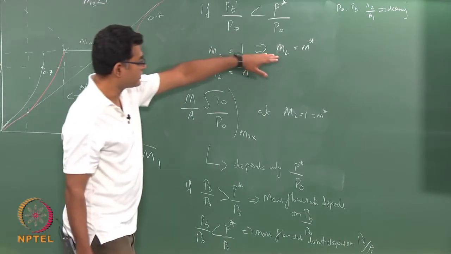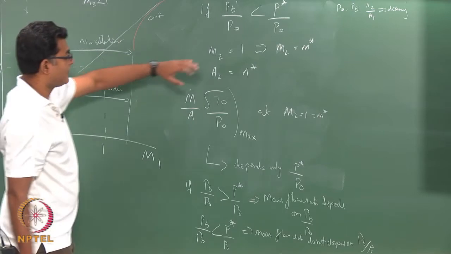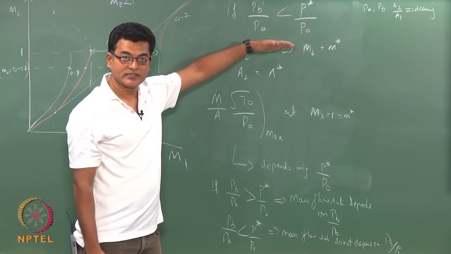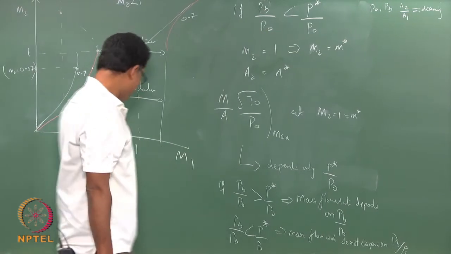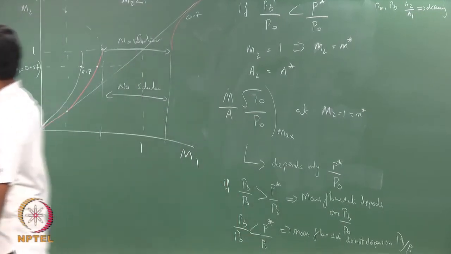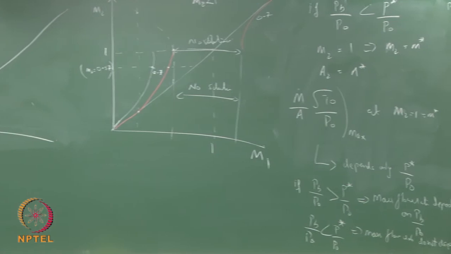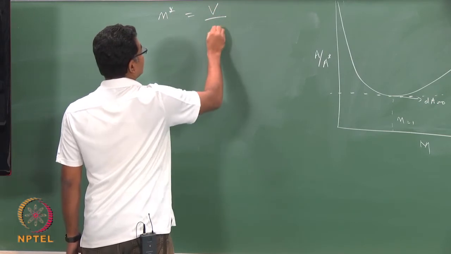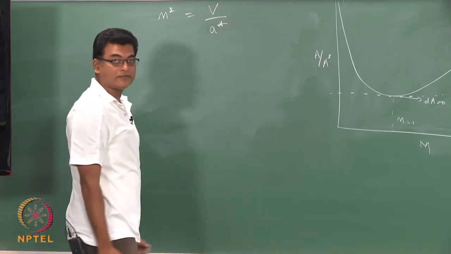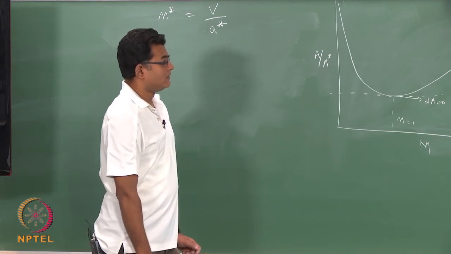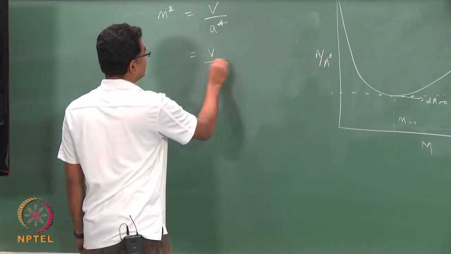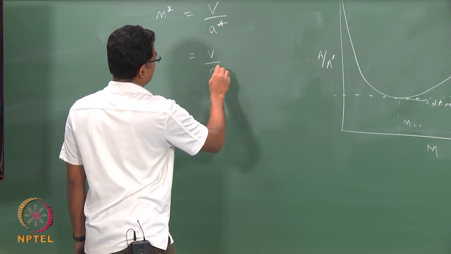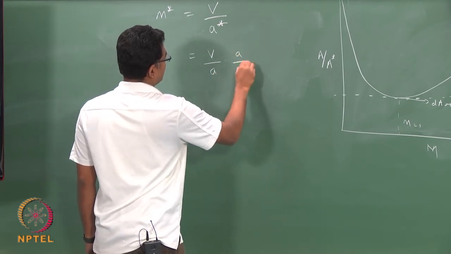So, now we have talked about the choked condition and the existence of M equals 1 at the exit, implying that the area at the exit is now the A star value. We will try to find a relation between M star and M. So, my M star is defined as V by a star, which I would write as V by a into a by a star.